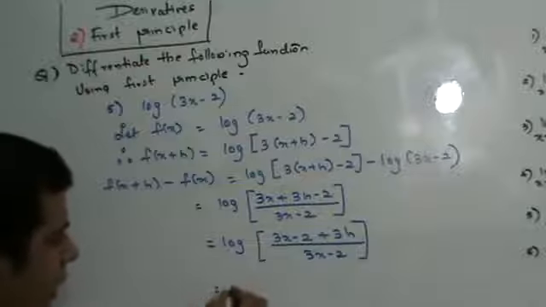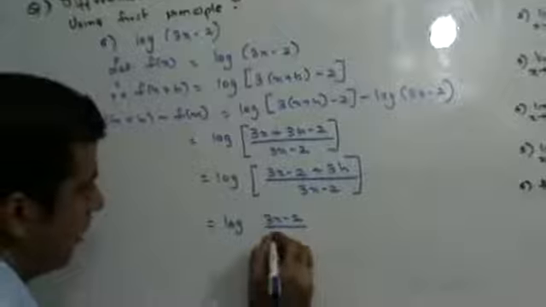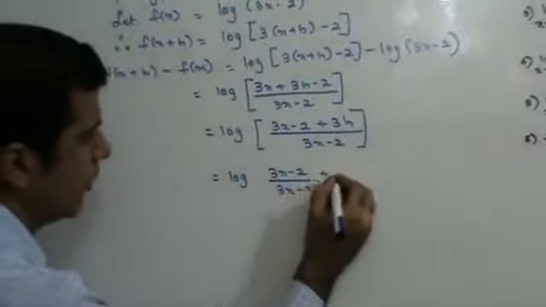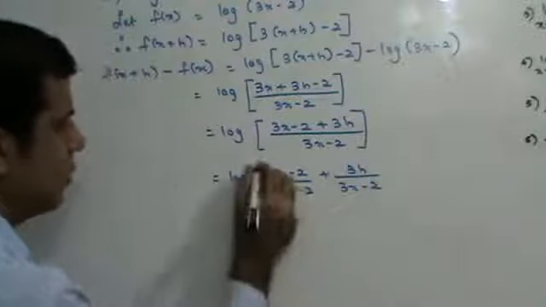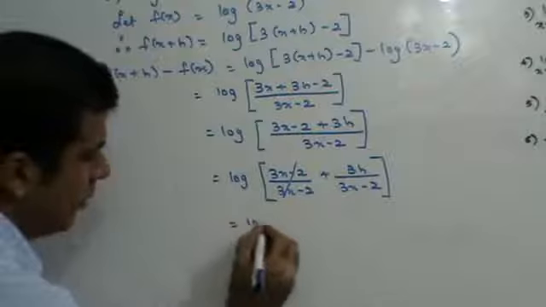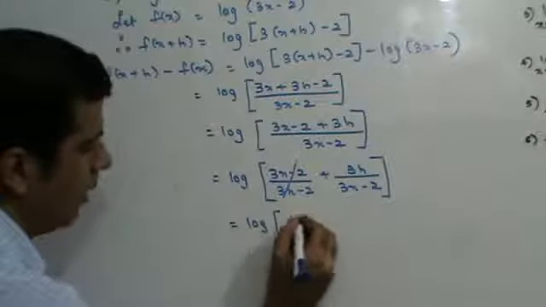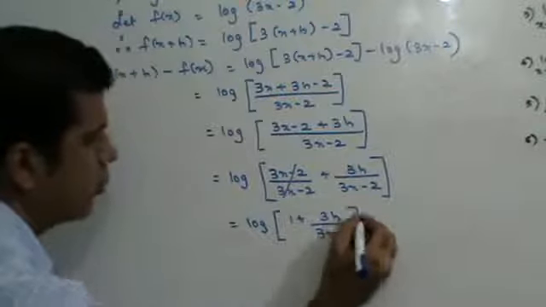Split the numerator. So this is 3x minus 2 upon 3x minus 2 plus 3h upon 3x minus 2. This and this get cancelled, so this will be log of 1 plus 3h upon 3x minus 2.